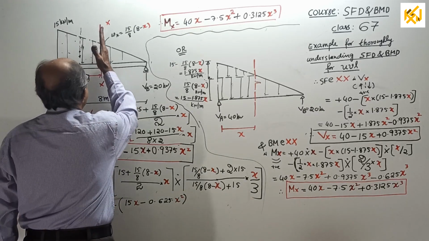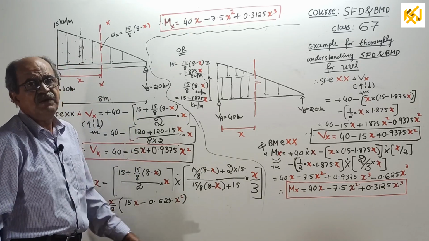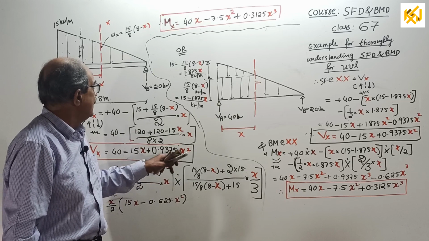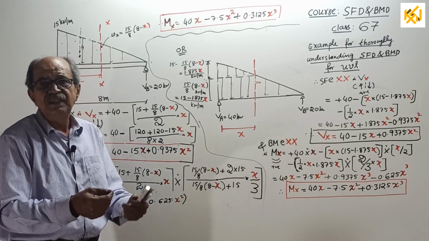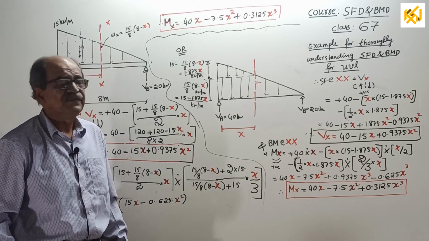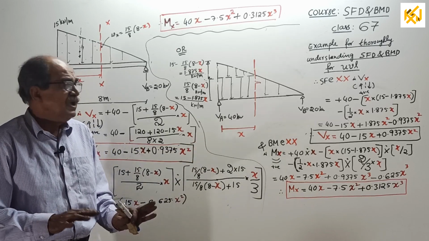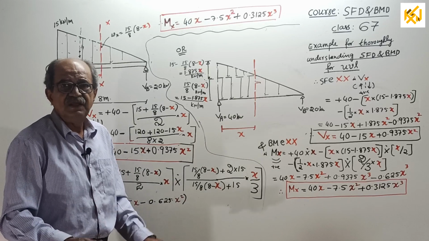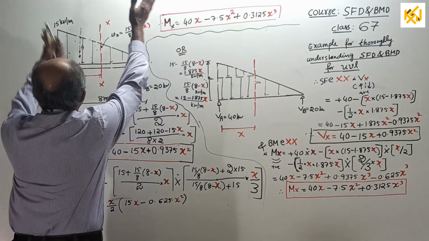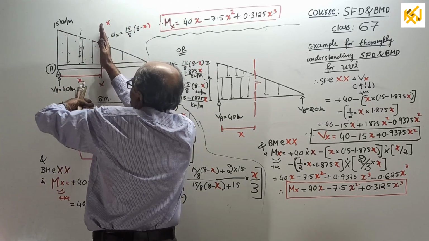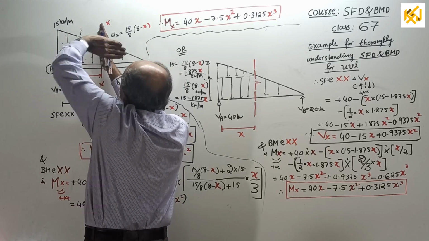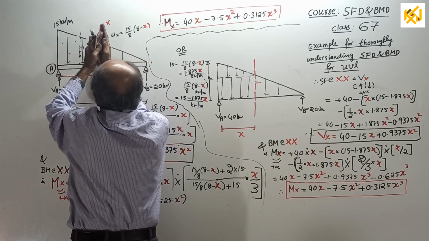Then BM, see, I wrote it earlier because if I write everything in front of you, so many calculations are there. Sometimes a little this side, that side, then again and again I have to rub. So when it comes to high school level mathematics, I stopped explaining. Next, BM here. 40 into x minus moment of this total load.